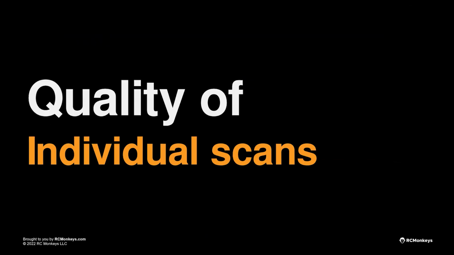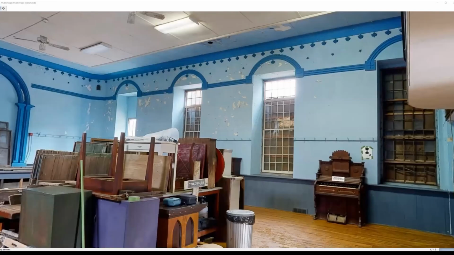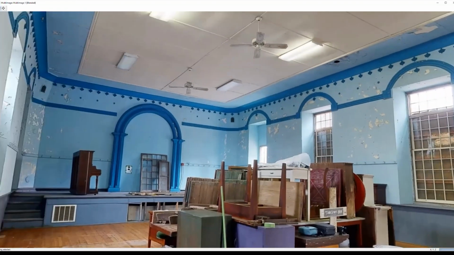So let's dig into some of these scans and see how they look. Initially, we'll look at some individual scans, and then we will look at the overall alignment of the registration done by Matterport, and then compare that with the registration of the RTC 360 data. All right, so let's take a look at some of these Matterport scans.